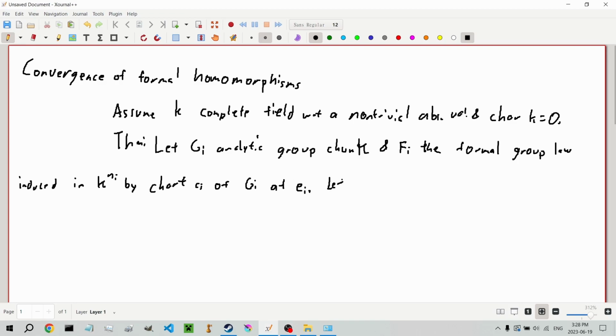We're going to let taf from F1 to F2 be a formal group homomorphism. I might have to start writing a bit bigger because my screen is farther away. Then taf is convergent.